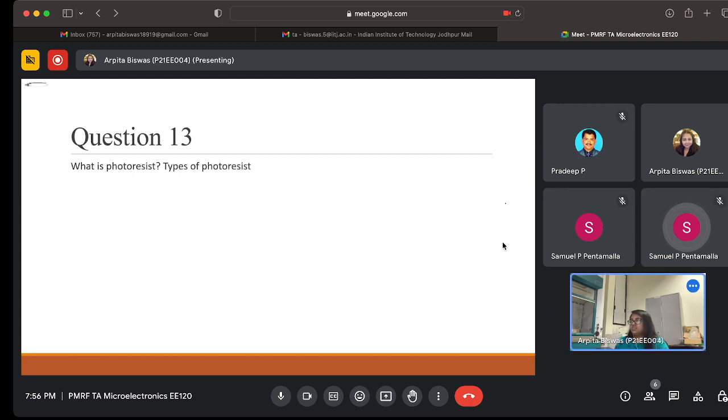So this is a question, what is photoresist and type of photoresist? I have already shown in the photolithography process, when a pattern is transferred from the mask to the wafer surface, at first we have to do the UV exposure.